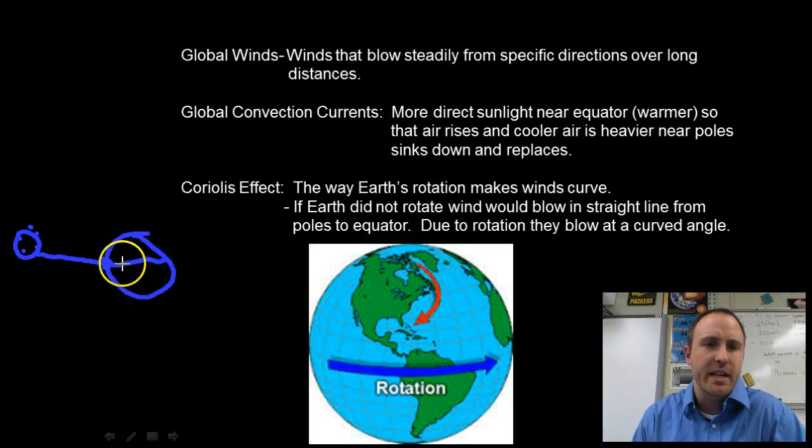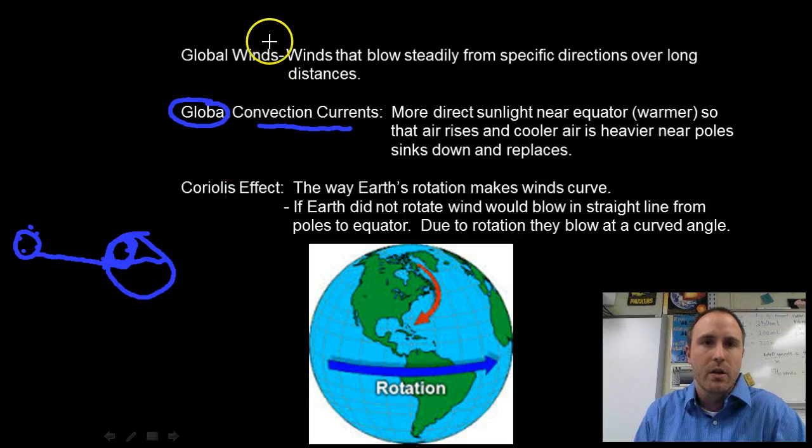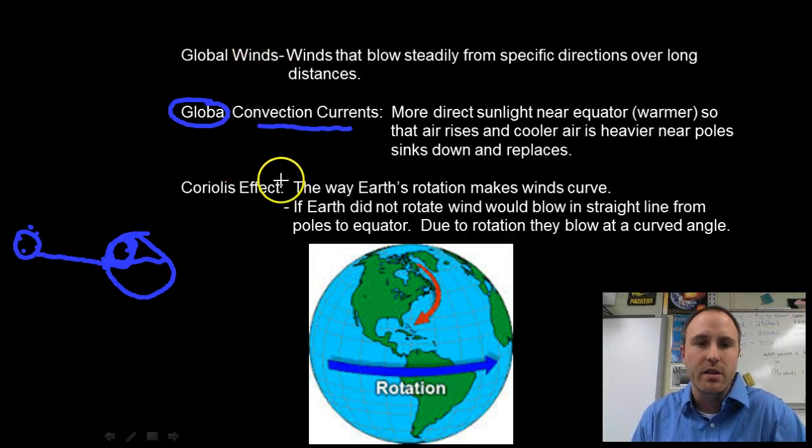That air begins to rise up, and it's less dense, so it rises up. The air that is near the poles comes sweeping down and starts the circulating. So we see this rising, cooling, falling, rising, cooling, falling, and we call those the same term, convection currents, but now we just attach the keyword global. Global convection currents are of major importance to understand.